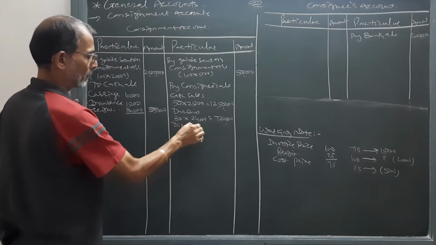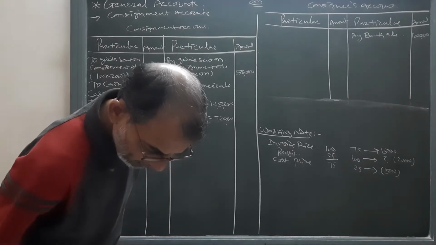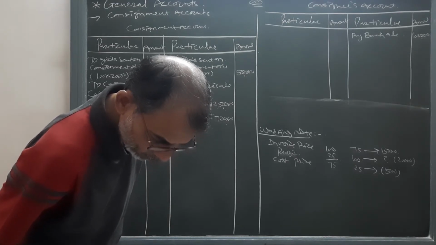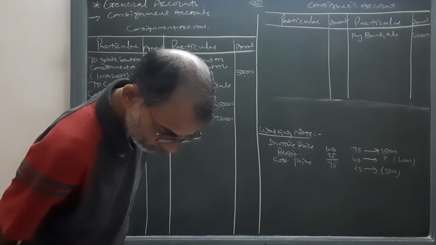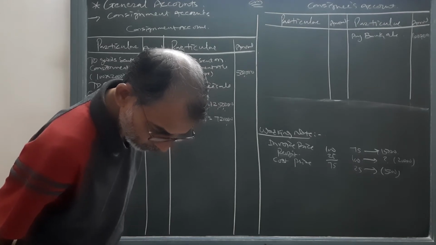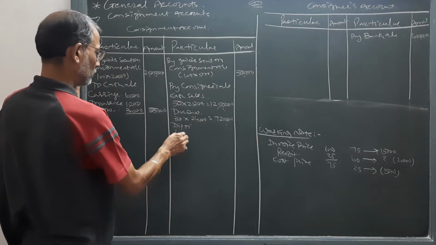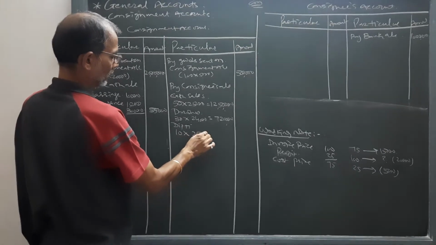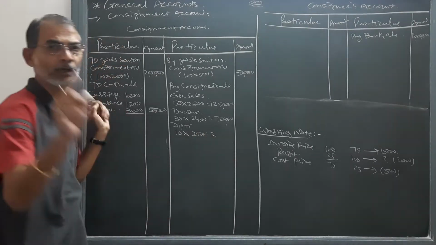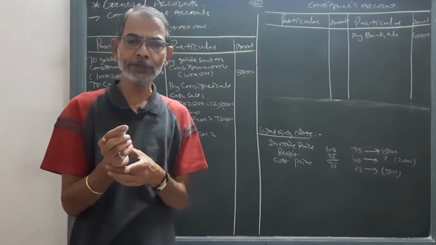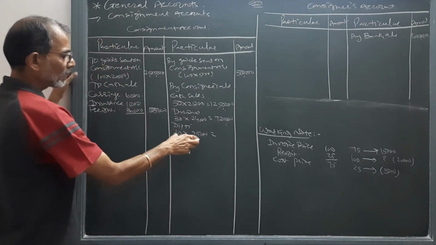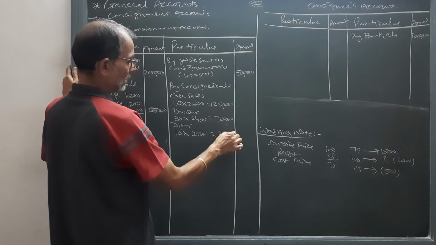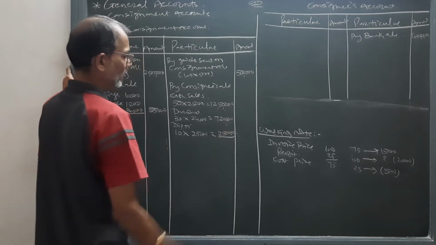To Dipti, that were 10 TVs, 25,000. Here in the question price is not written, so I am taking it as 25,000. That will be 2 lakh 50,000.